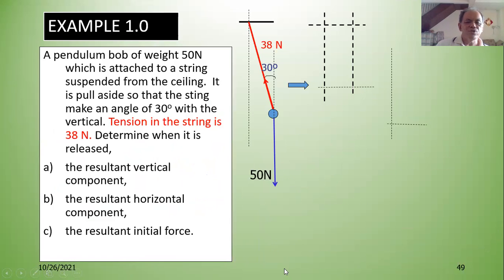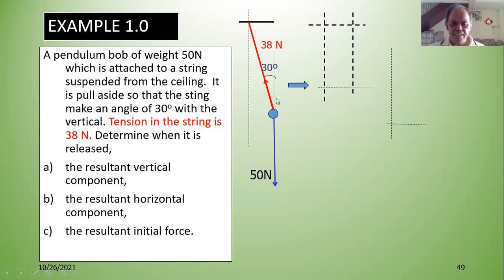Okay, let's solve one example. There's your pendulum bob. The weight is 50 Newton. You can draw 50 Newton. There's your string attached to the ceiling, and then you pull it to the right at an angle of 30 degrees. This is 30.